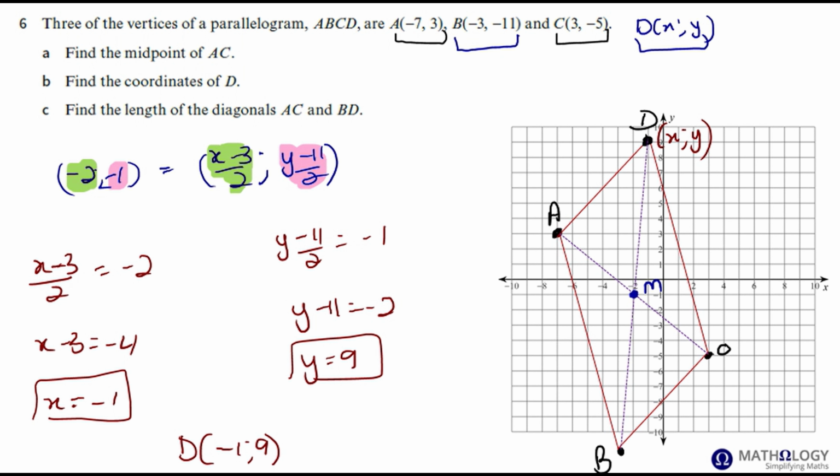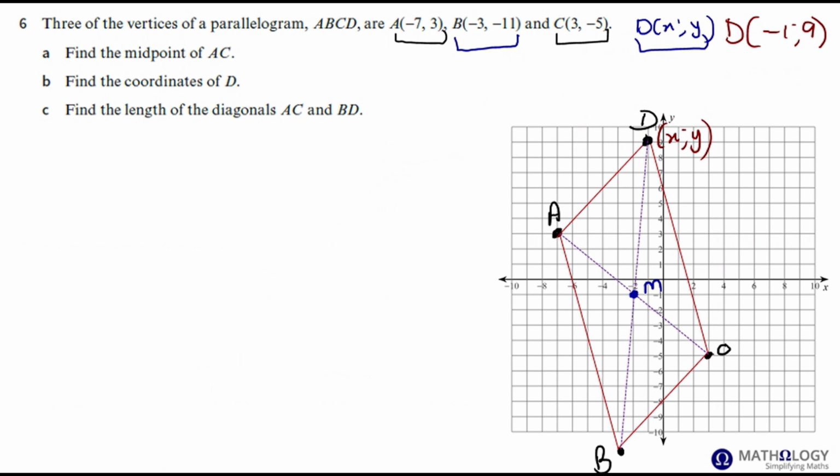Now, from our sketch graph, we can see that D is in fact (-1, 9). That's because it was drawn accurately. But in an exam, you won't have the time to draw it as accurately as that, but you'd get a rough idea where D lies, and D lies in the second quadrant.